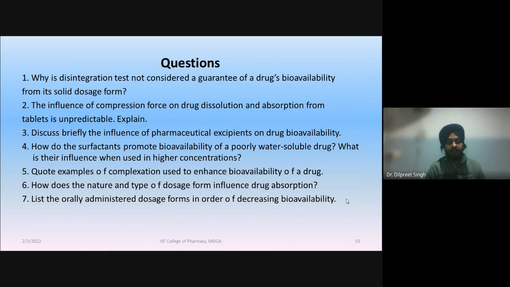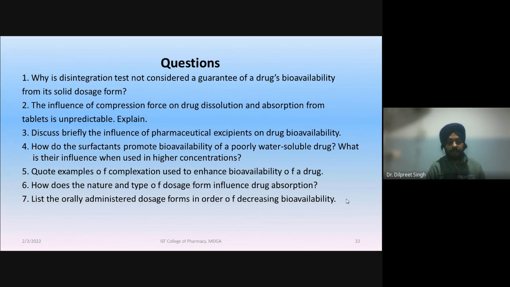The answer lies in the compression force, the upward or downward compression force, which creates a mass transfer from the solid state to liquid state. When the mass transfer is initiated, dissolution and absorption from the tablets is unpredictable because the binder and disintegrant interfere with the absorption. The compression force on drug dissolution and absorption is always unpredictable in nature.